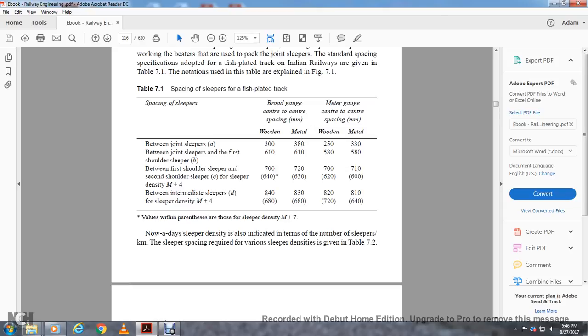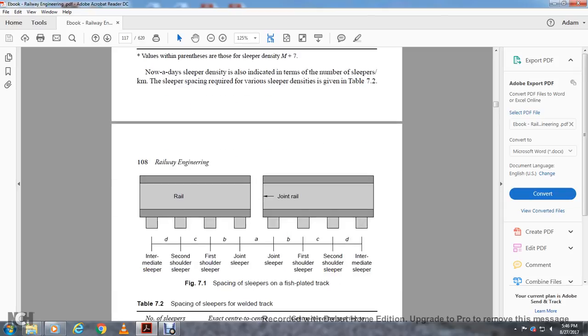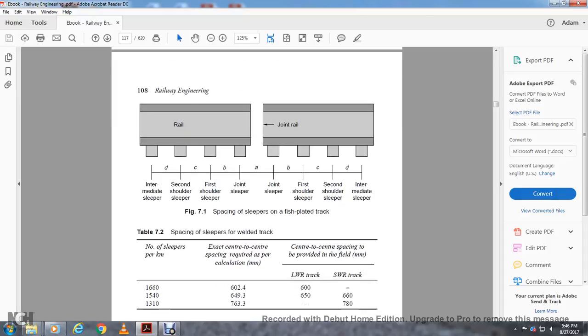That is broad gauge. Now the sleeper density, indicating the number of sleepers, and the spacing varying with sleeper density is given in Table 7.2. Figure 7.1 shows the spacing of sleepers on fish-plated track: the joint sleeper, fish plate, first shoulder sleeper, second shoulder sleeper, intermediate sleeper, joint and rail.